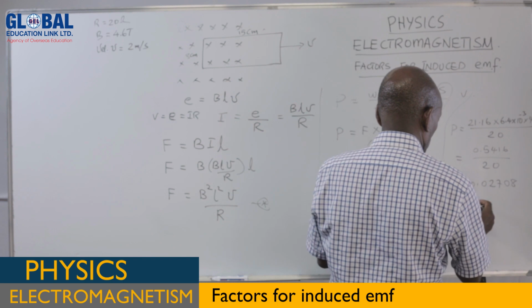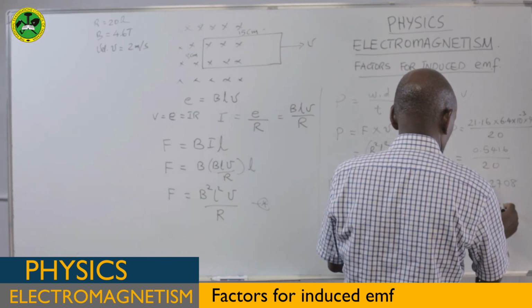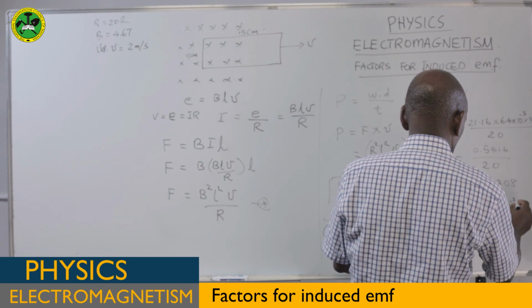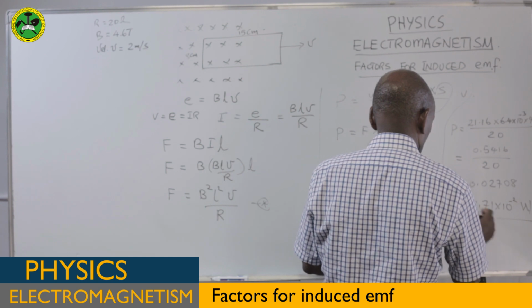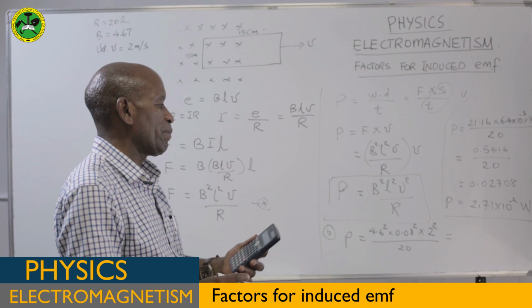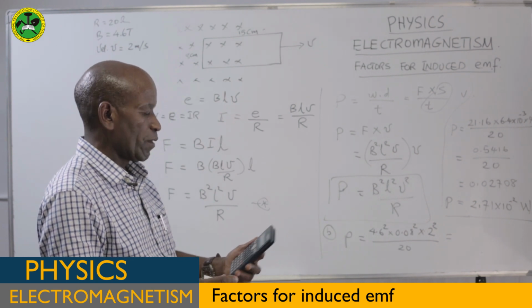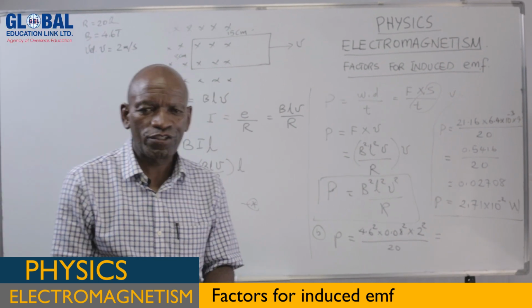So it is 2.71 times 10 to the power negative 2. This is the power, which is measured in watts. So the power will be equal to 2.71 times 10 to the power negative 2 watts. That is the answer for question 3.